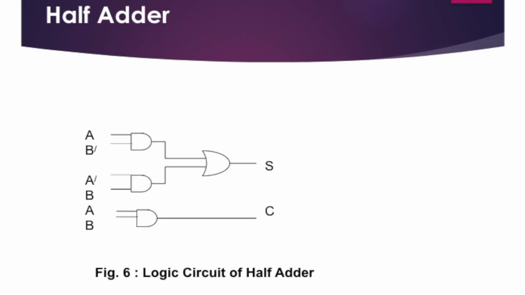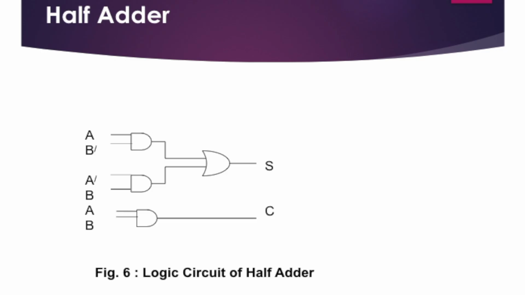Now the logic circuit of a half adder: for two inputs, that is A and B, there are two AND gates, and the outputs of the two AND gates are added, so there is one OR gate.